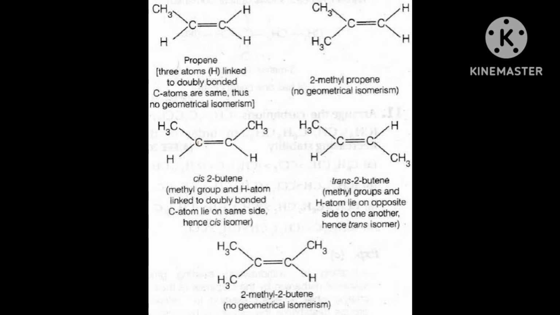This can also be understood by drawing the geometry of the two forms. You can show it by an arrow also. In cis-but-2-ene, if you want to show it by the diagram, mu is 0.33 D.